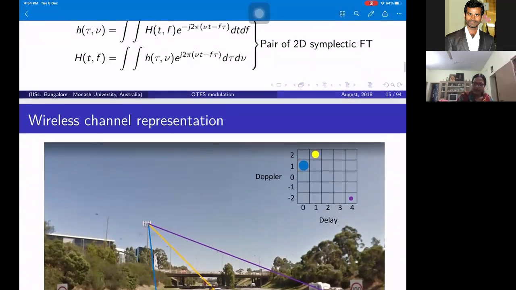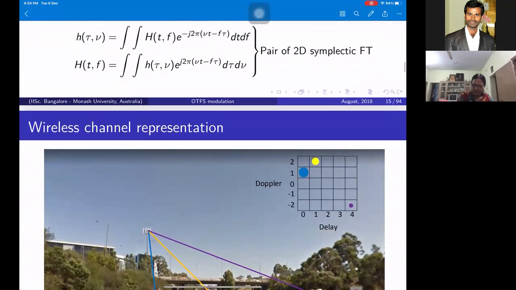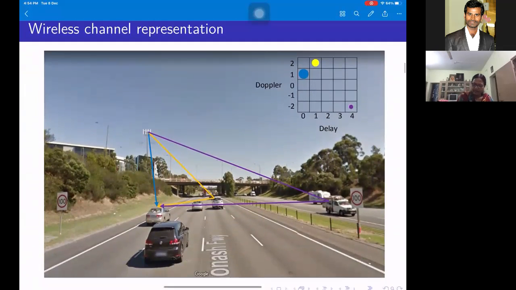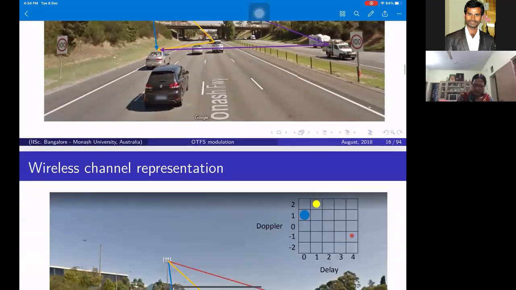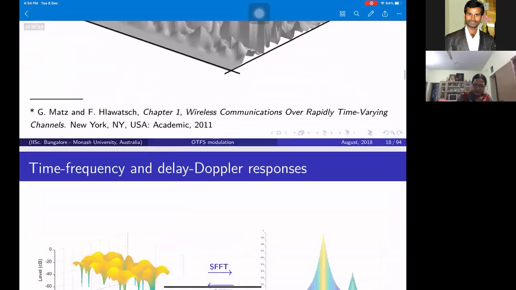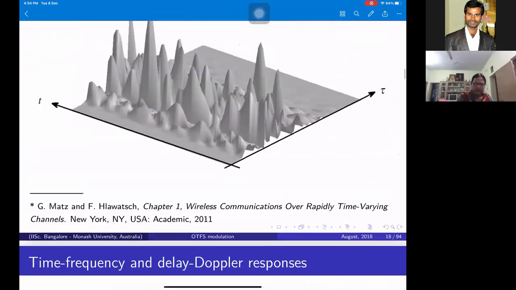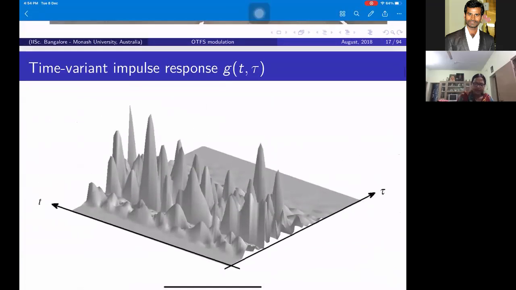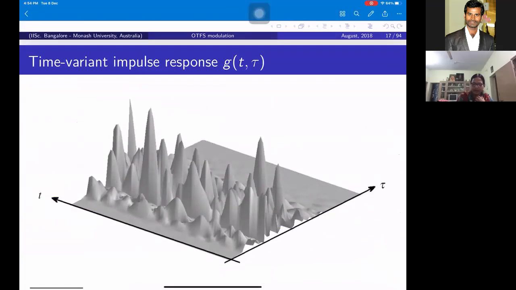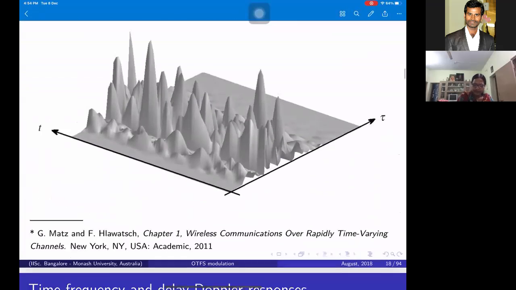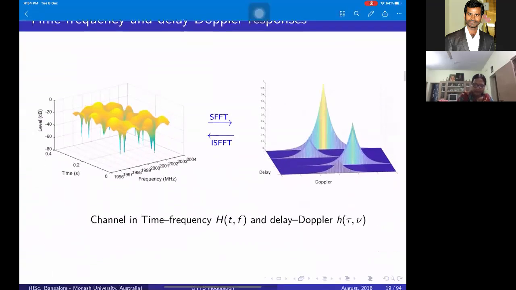This pair of equations comes in a 2D picture, wireless representation. In a picture, you can see how the signal looks in power levels, how the time-variant impulse response looks in high-speed communication in a three-dimensional plane, and also the channel in time-frequency and delay-Doppler frequency.